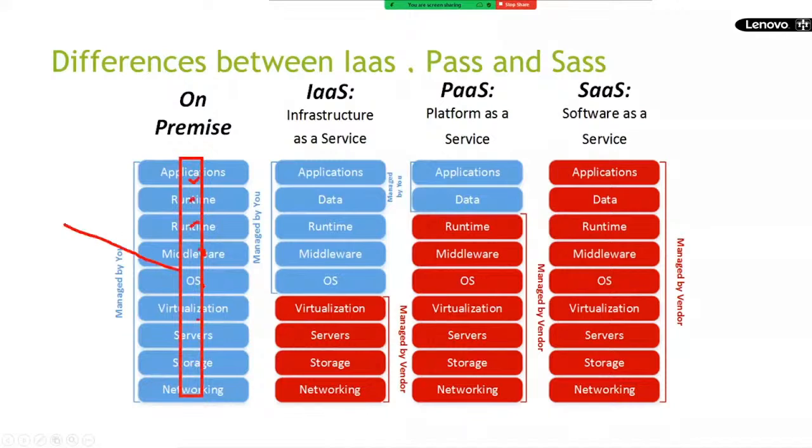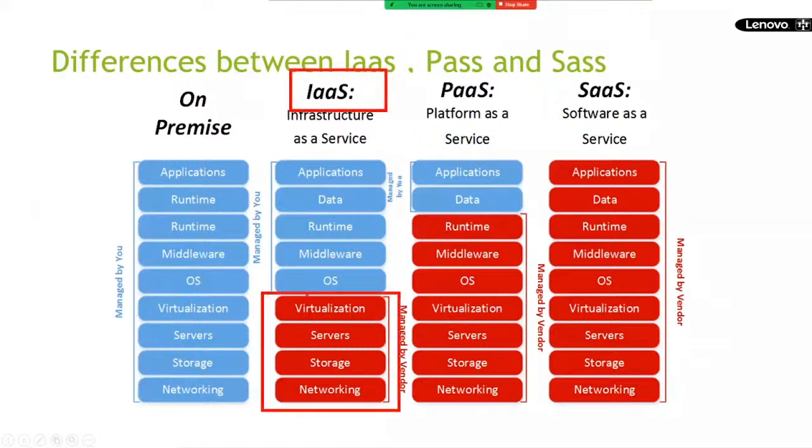To maintain everything, what do we require? A data center. This is what on-premises is. Next, when you go for cloud computing, they will provide only servers. On top of it, you have to decide what type of operating system is required, either Windows or Linux, then host your application and install and configure it as per your business requirement.